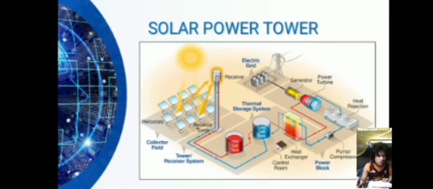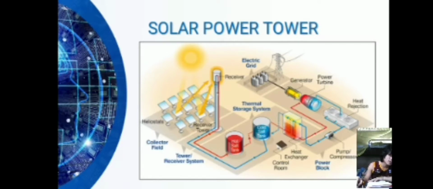So, makikita natin dito na maraming mirror. Ito yung heliostat. So, ang nangyari dyan, yung heat energy ng araw, lahat ng mirror niyan, nakapokus lang sa receiver.